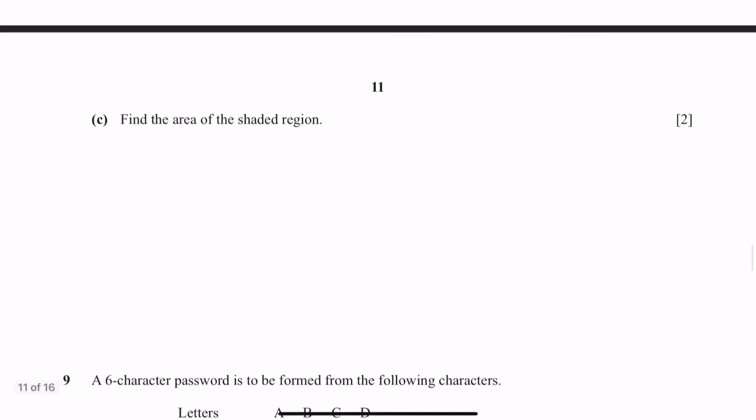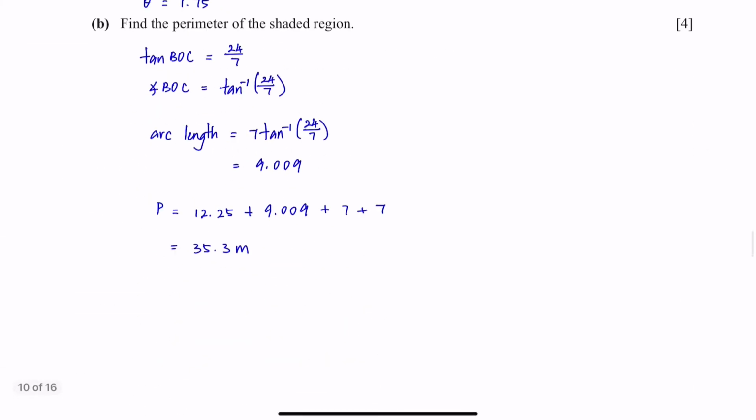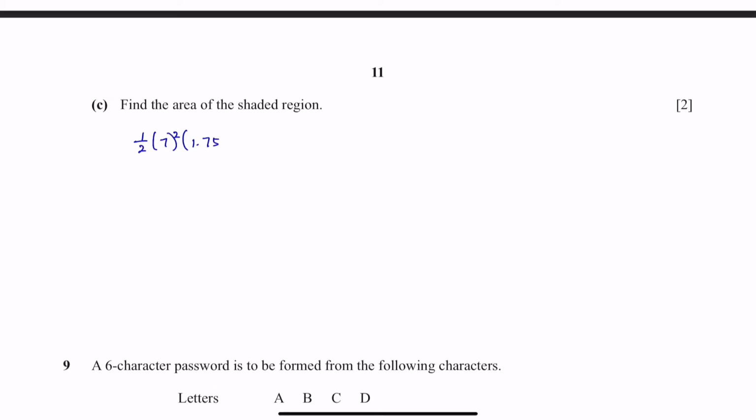So we have half times r squared times 1.75 plus half times r squared times arctangent 24/7. So we would get 74.4 meters squared, corrected to 3SF.